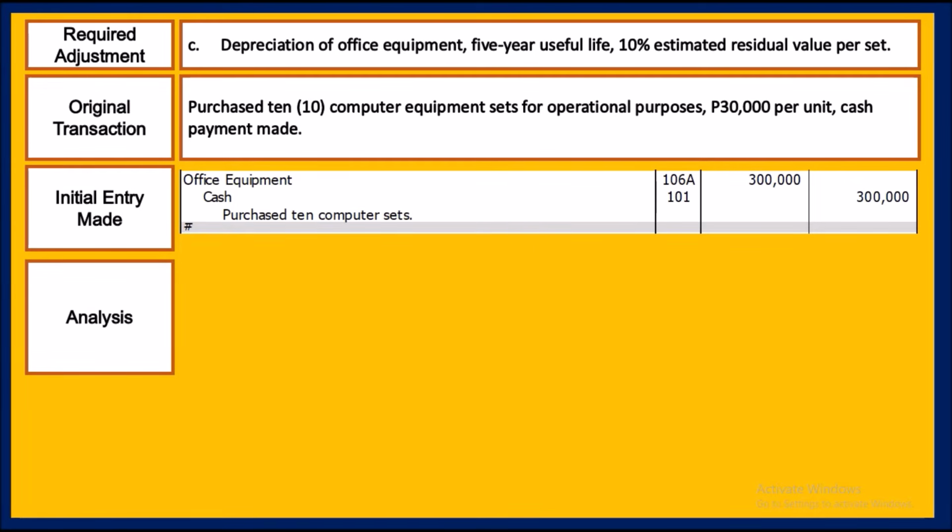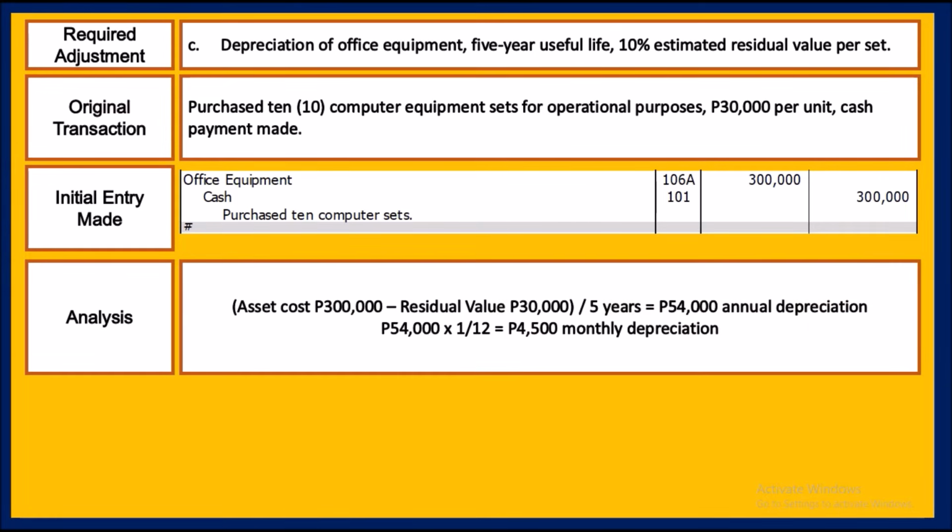For our analysis, we will also use the formula for depreciation. Asset cost of 300,000 minus residual value of 30,000. How did we get the residual value of 30,000? We simply multiply 10% to the asset cost of 300,000. That is our residual value. Then the depreciable amount divided by 5 years is 54,000 annual depreciation.